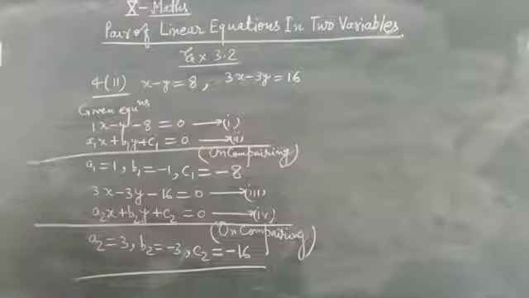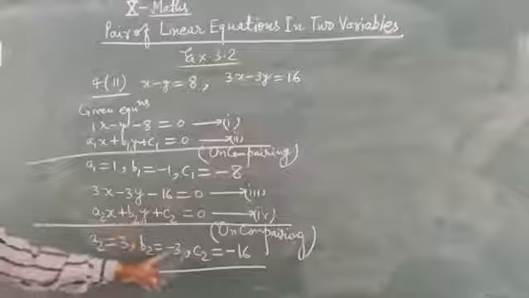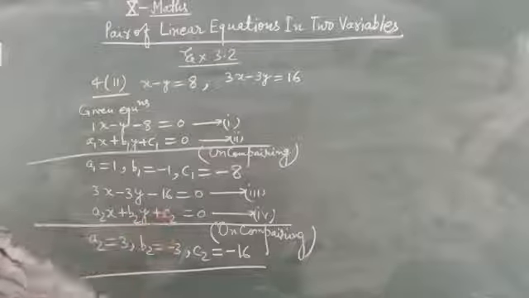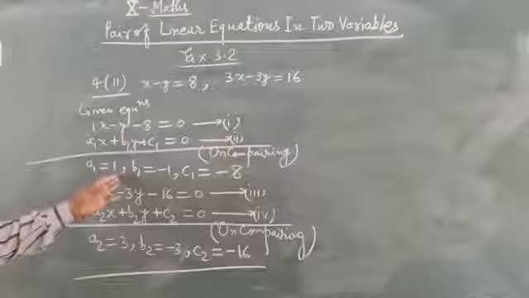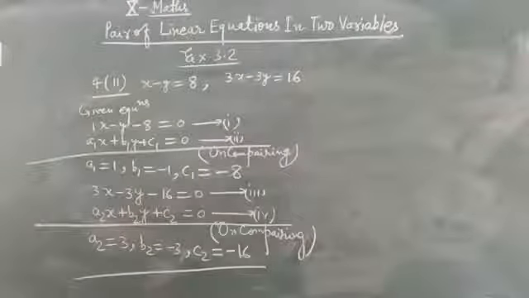So the coefficient of x is a2 equal to 3, coefficient of y is b2 equal to minus 3; and for the first, a1 is 1, b1 equal to minus 1 and constant term c1 equal to minus 8.